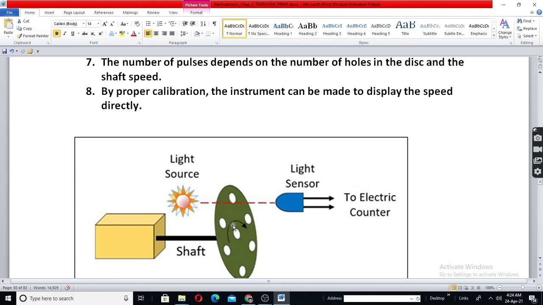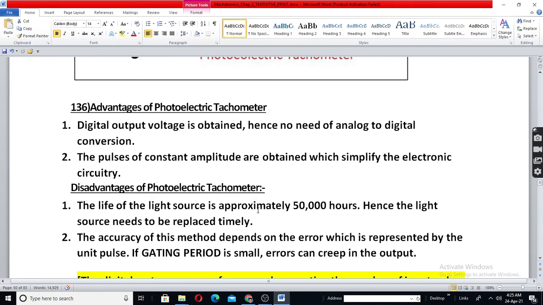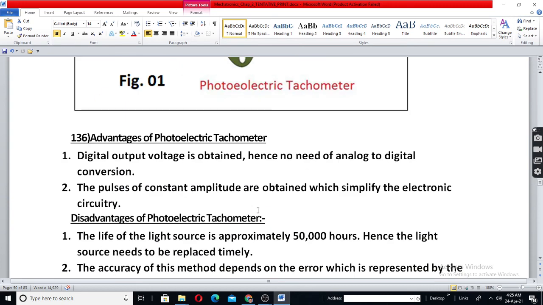On that you had attached a white paper piece. As it moves, the light is absorbed by the dark color and reflected by the white color. So when it is absorbed, the sensor will not get any light. Otherwise, you will get light, hence you will get a pulse. Anyhow, that is not necessary here. The second part for your examination.